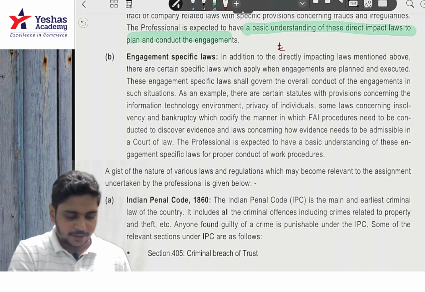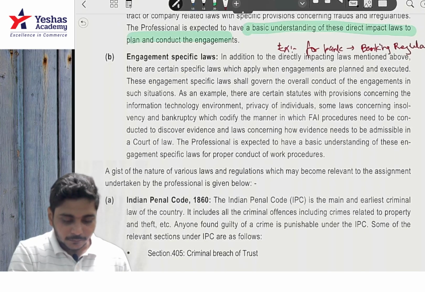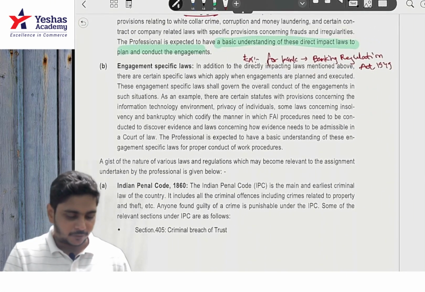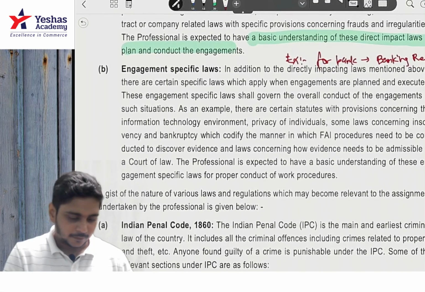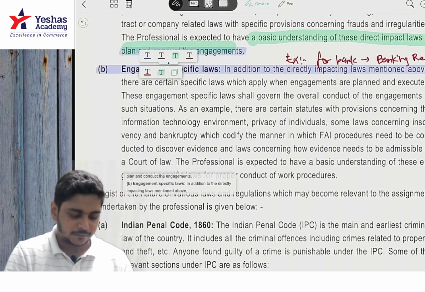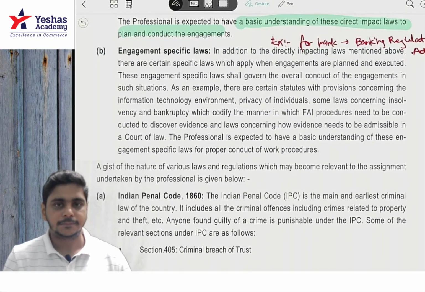So for example, for banks, Banking Regulation Act 1949. Read engagement specific laws. Read this.